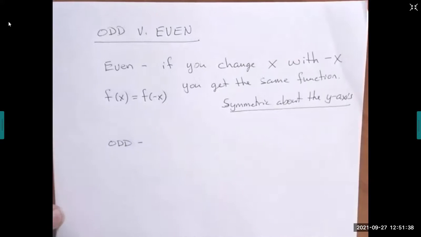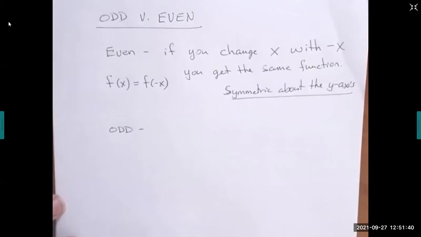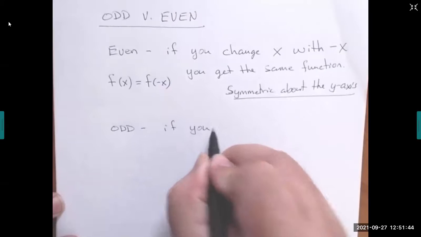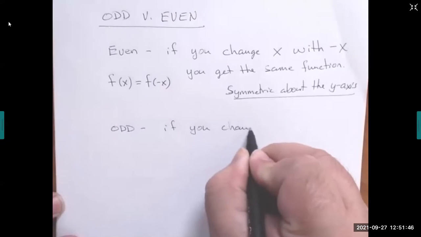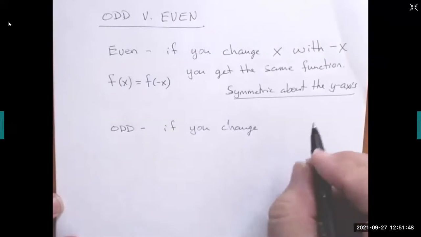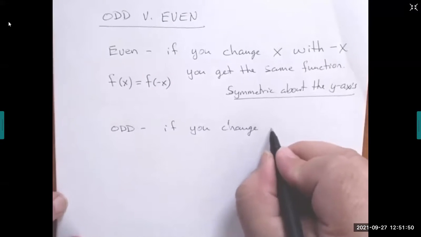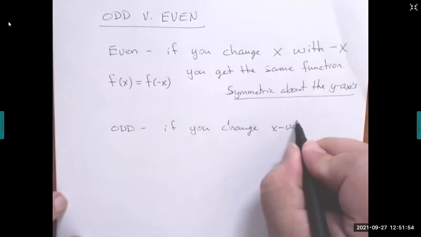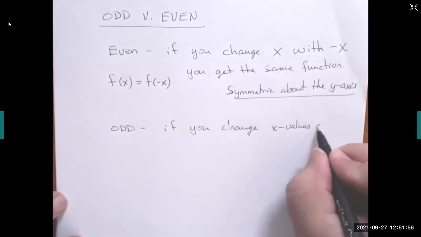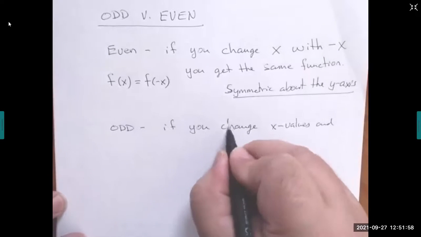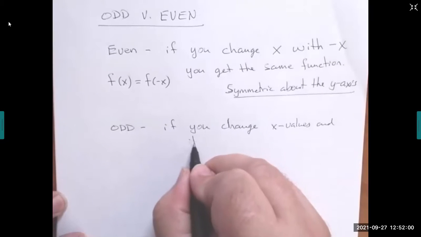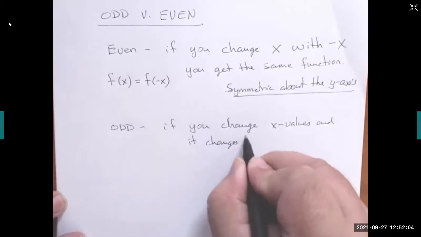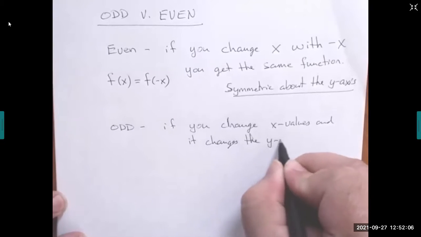An odd function. A function is odd if you change x values and it changes the y values.